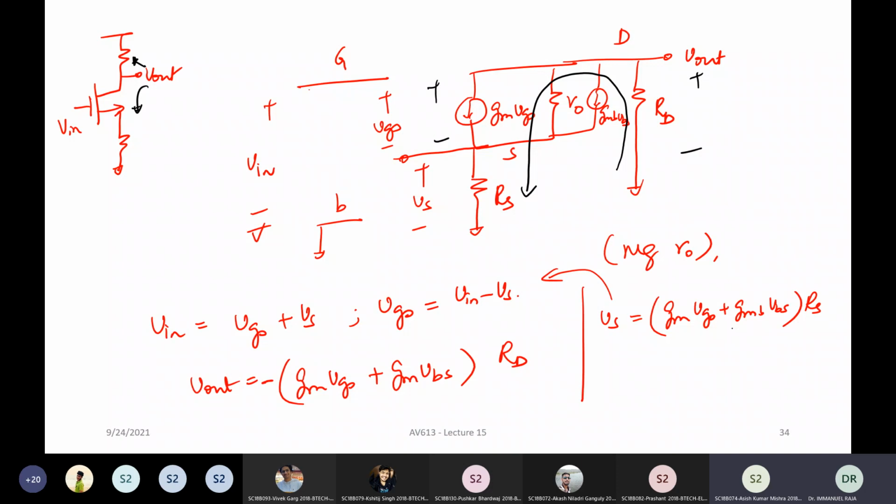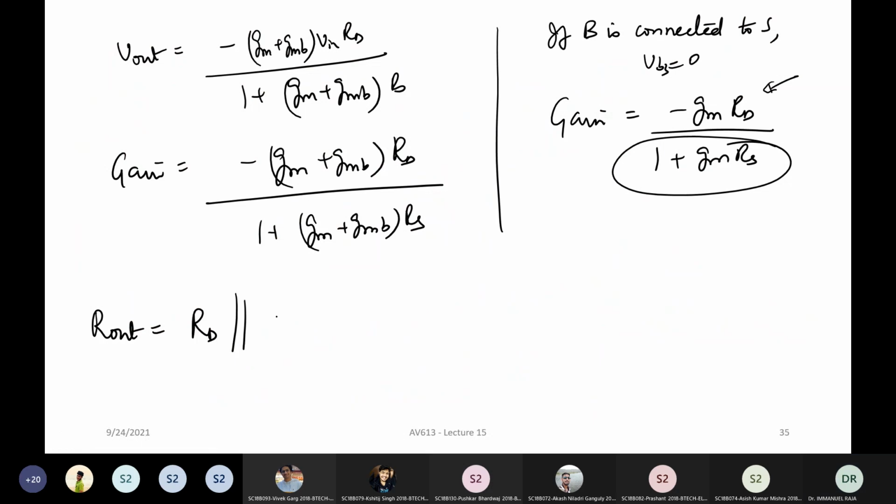Now you can compare it with your cascode current mirror. In your cascode current mirror, you had a transistor with some R0 at the bottom. If you compare it with this, it will be RS plus R0 plus GM R0 RS, which will of course approximately be RD. This is what it will end up being.